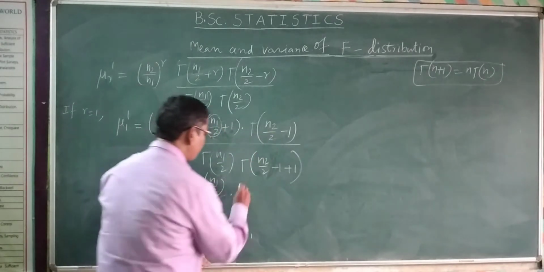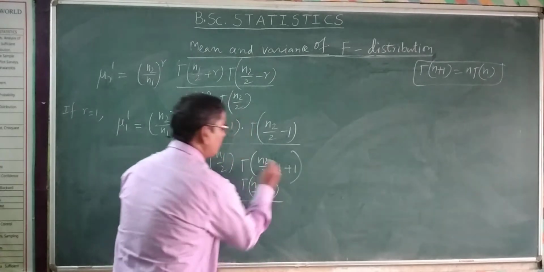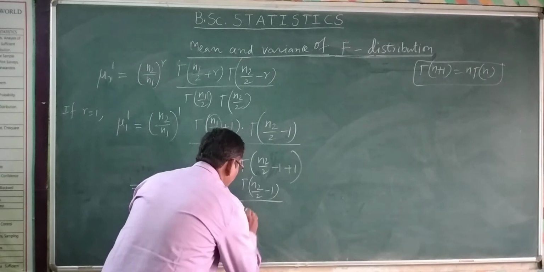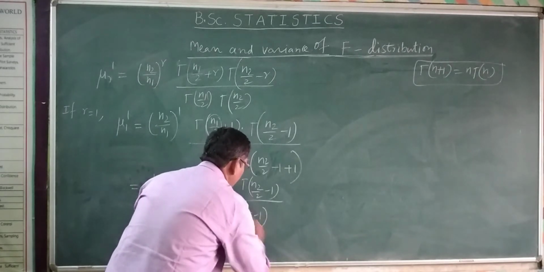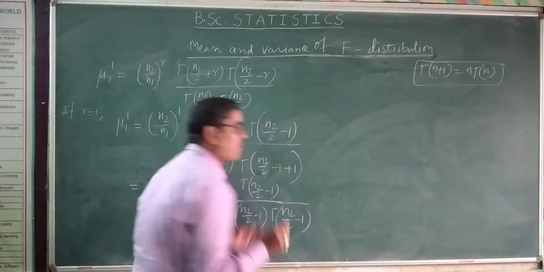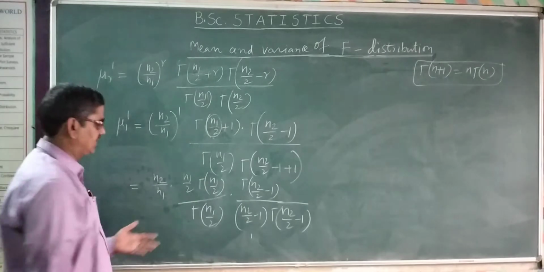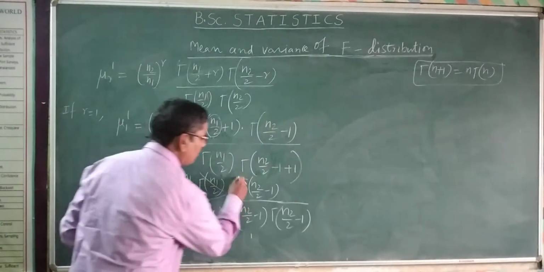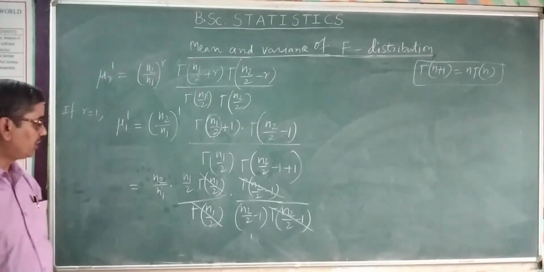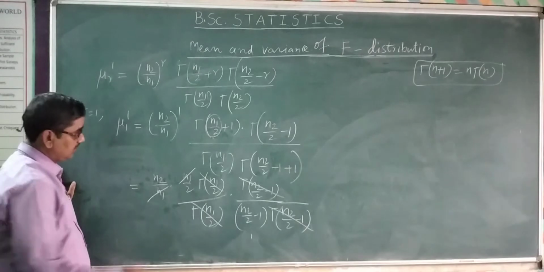Now the second term, gamma of n2 by 2 minus 1 divided by this. Taking n2 by 2 minus 1 as m, this is n2 by 2 minus 1 into gamma of n2 by 2 minus 1. This is how to apply the formula. Now the terms will be easily cancelled. Gamma n1 by 2 cancels, gamma n2 by 2 minus 1 also cancels, and n1 will also get cancelled. Here we have 2.